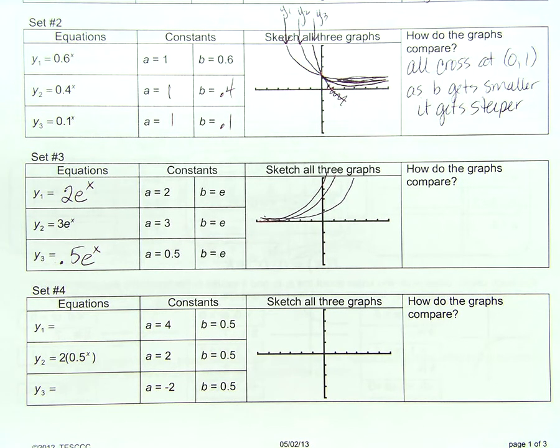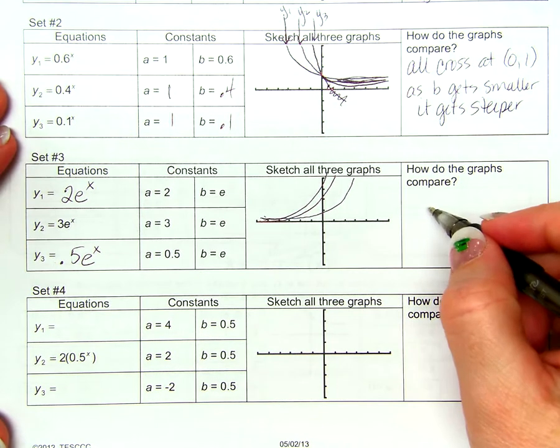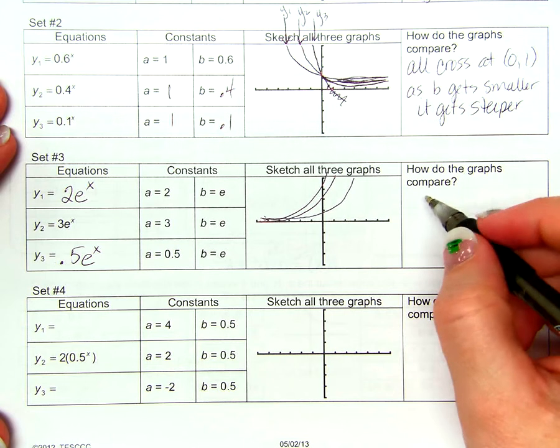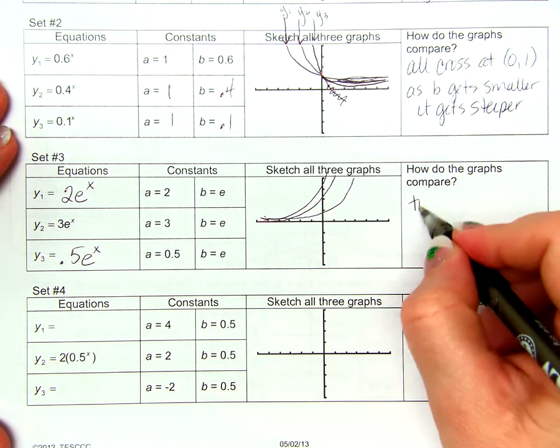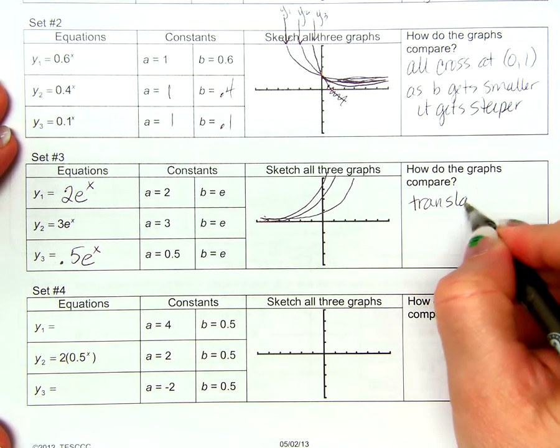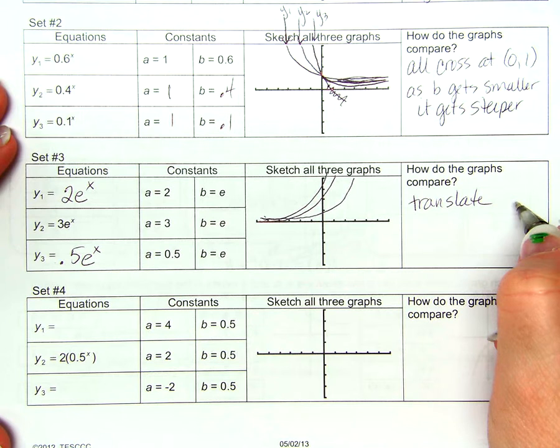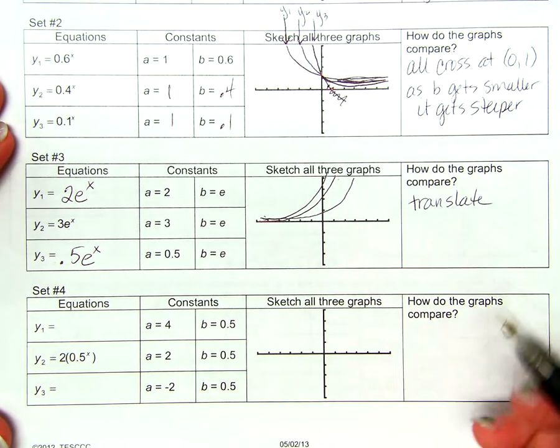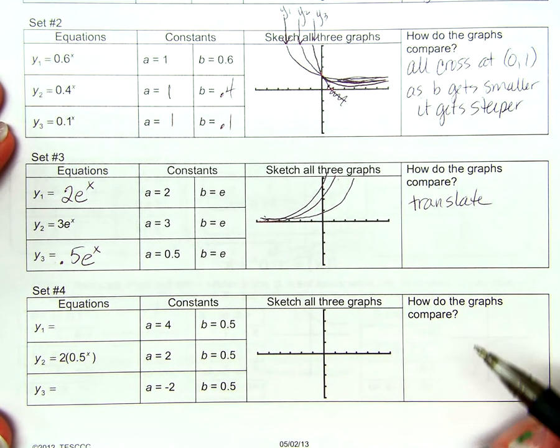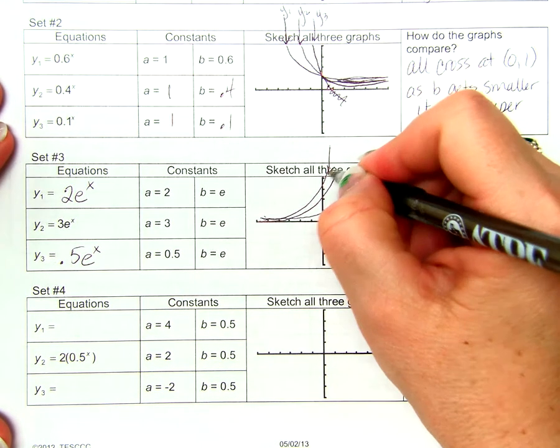Okay. How did these graphs compare? What did you say just a second ago? Translate. Why'd you say that? Which one of these is which, by the way? This one is y sub 1?